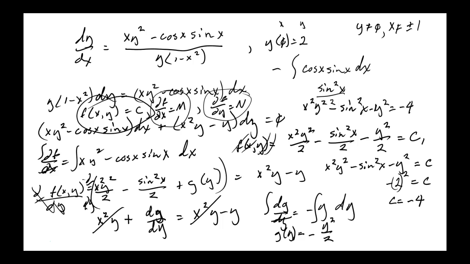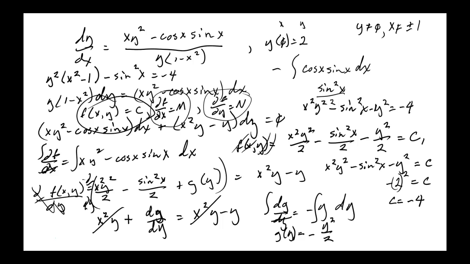Let me see if I can find it here. Okay. Now they do one more thing to it, so let me do it too. So I'm going to take that solution I just did. I'm going to put the first and last terms together and factor out the y squared. So y squared times x squared minus 1 minus sine squared x is equal to minus 4.